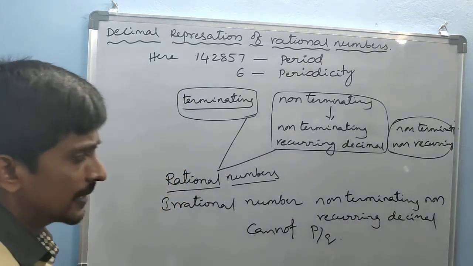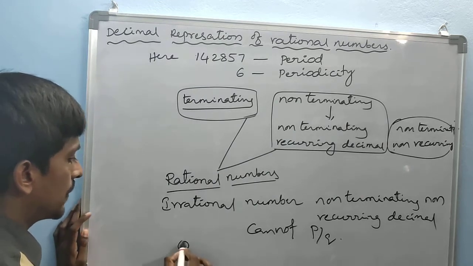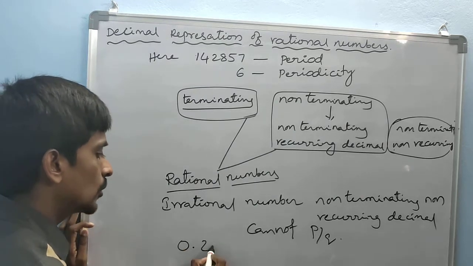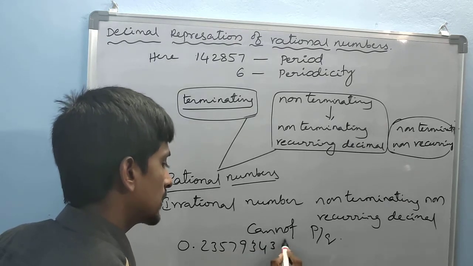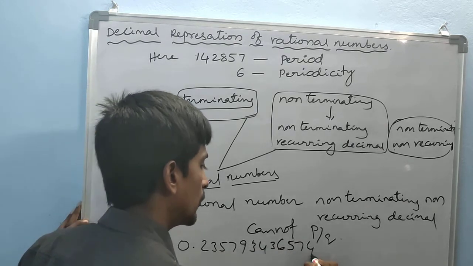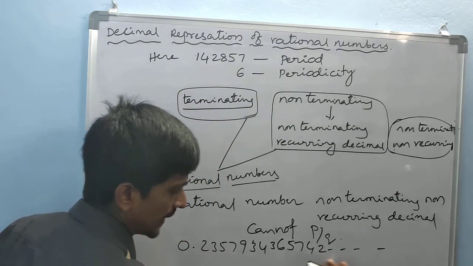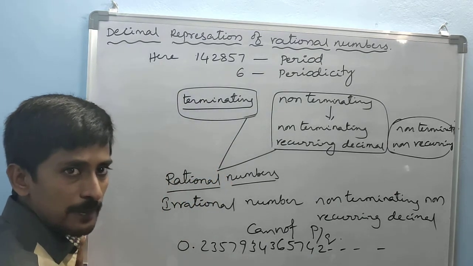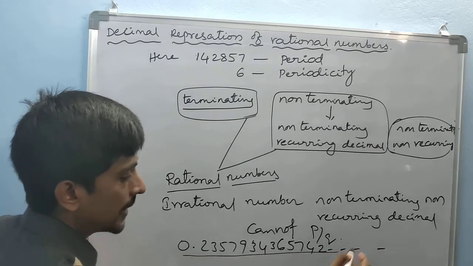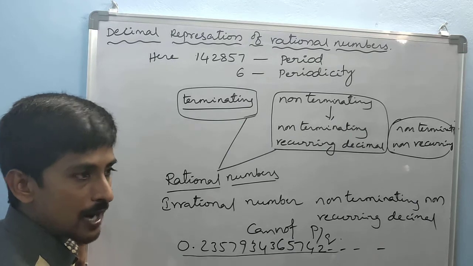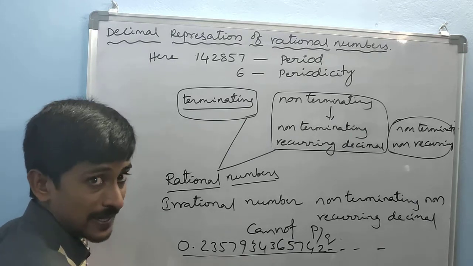What do non-terminating non-recurring decimals look like? For example, 0.235793463657442 and so on. Which number is repeating here? There is no number repeating. That's why it is non-terminating, it cannot end, and non-recurring, since no number is repeating.